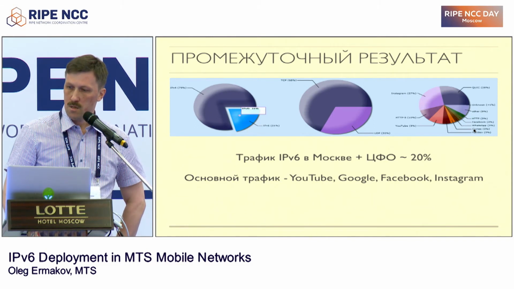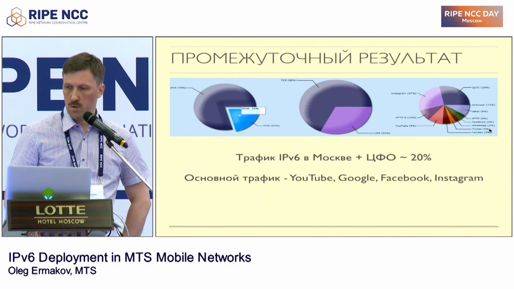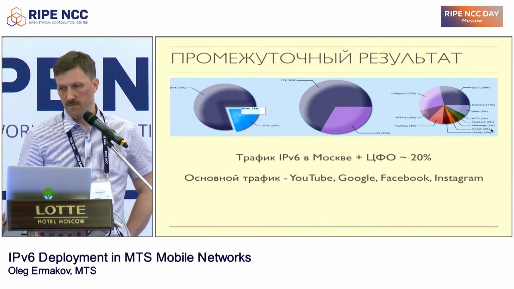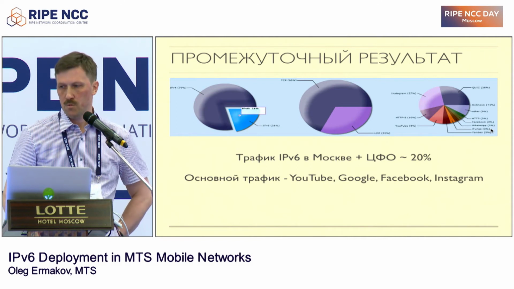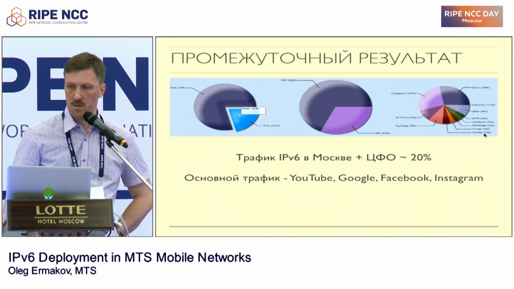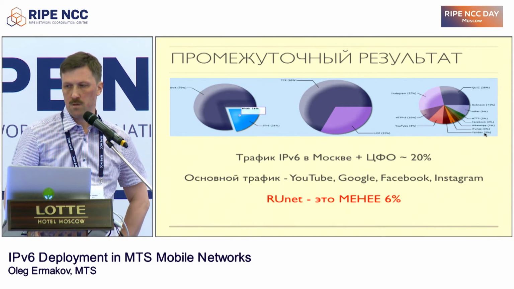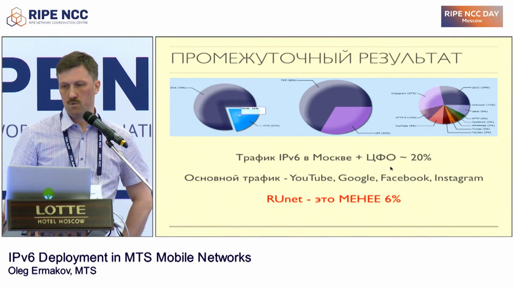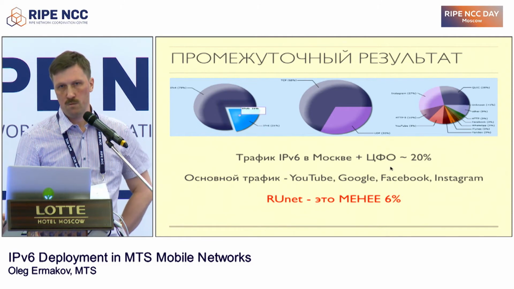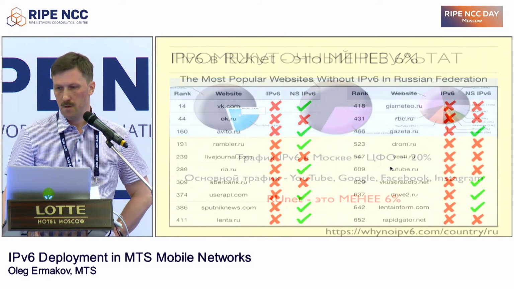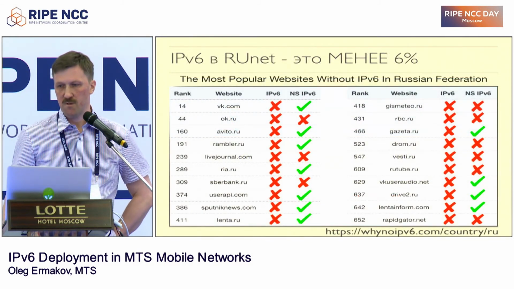Over here you see a tiny line, which is Apple. Apple is still employing its 17th net in the first octet IPv4. Yandex accounts for about 5%, and all of RUNET accounts for not more than 6% of IPv6 traffic.